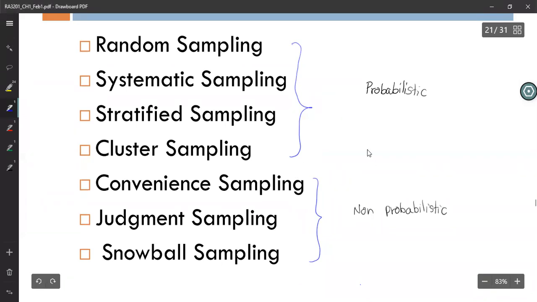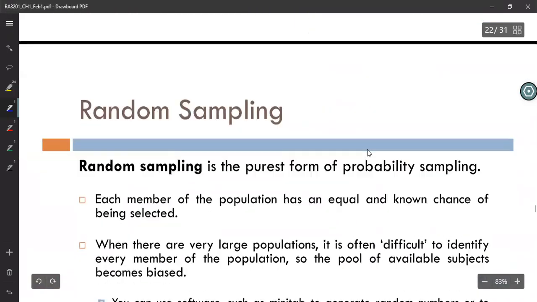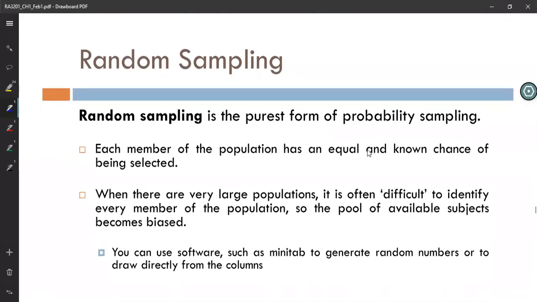Let's start with random sampling first, sometimes called simple random sampling. This is the purest form of probabilistic sampling, which is very easy to get. The idea is to make sure everybody in the population has an equal and known chance of being selected.